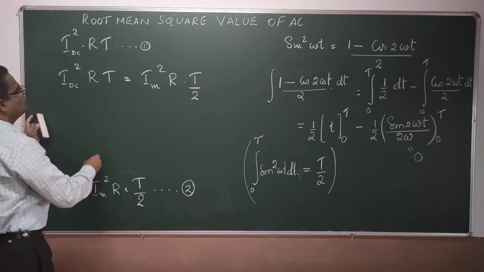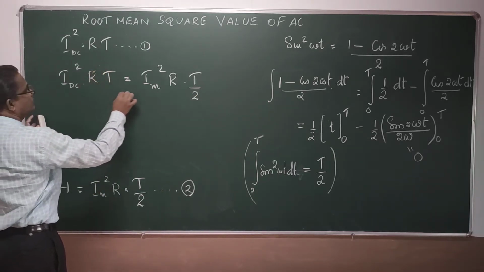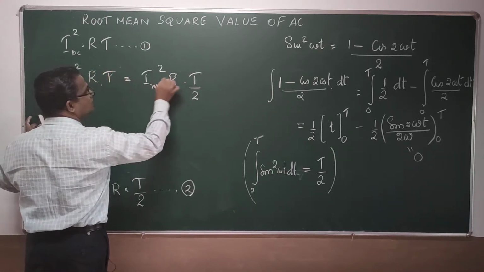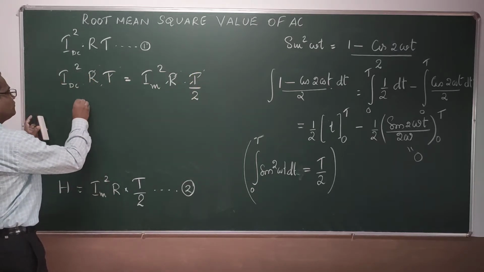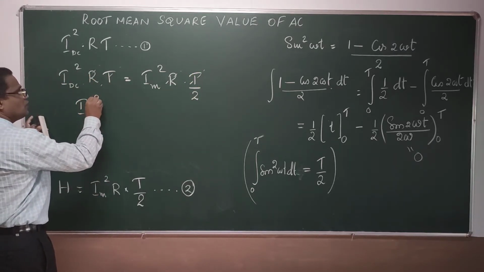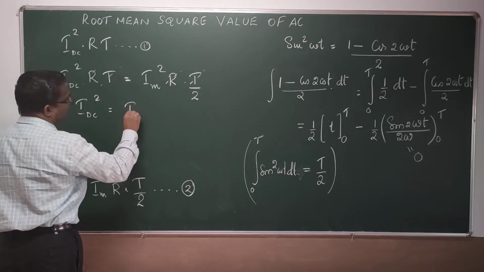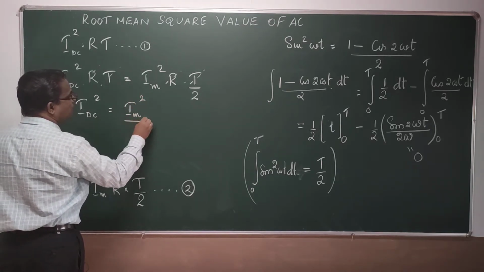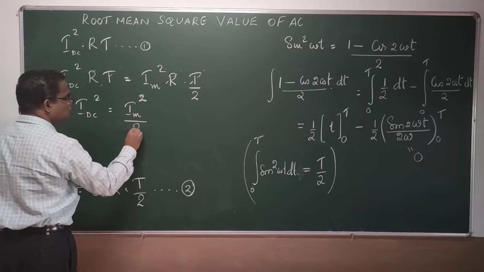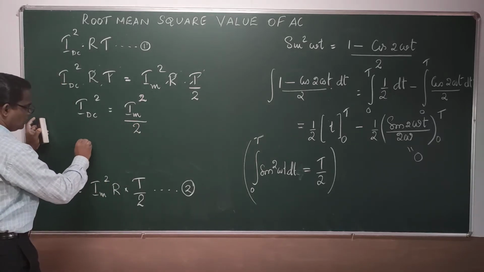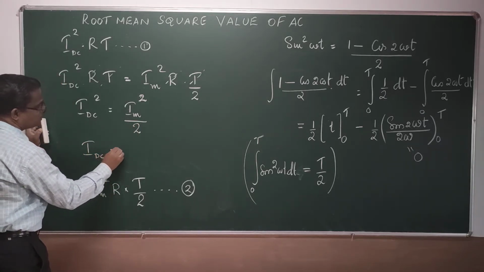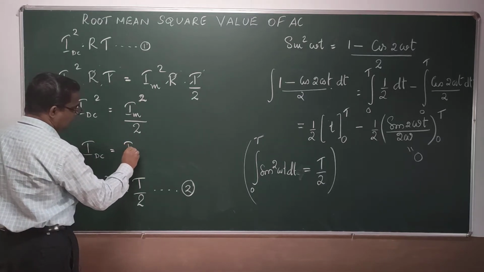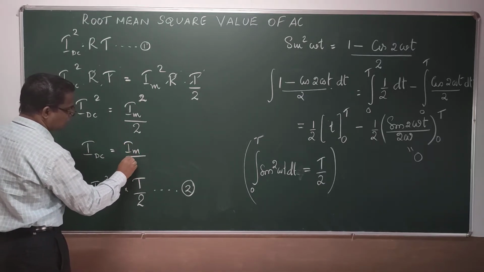So R, T and T go, and therefore I dc square is equal to I m square by 2, or I dc is equal to I m by root 2.